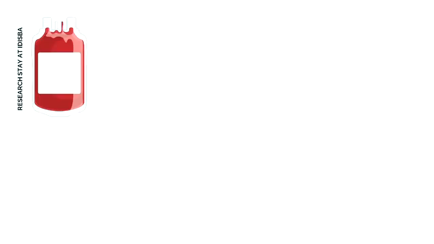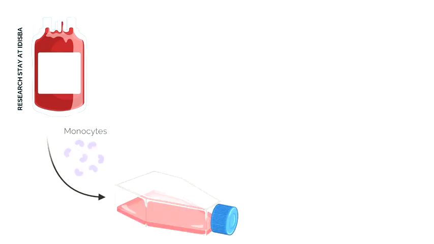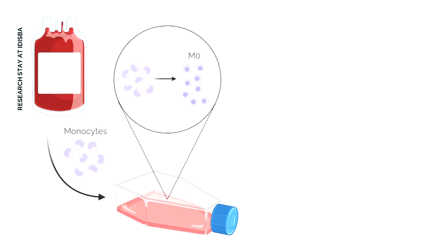Now I want to only briefly show you what I'm going to do here. I prepared this presentation last week, and our plans changed a little bit, so I might lie a little bit on the slide. But what was our plan? We wanted to isolate the monocytes from human blood, then differentiate the monocytes into macrophages.